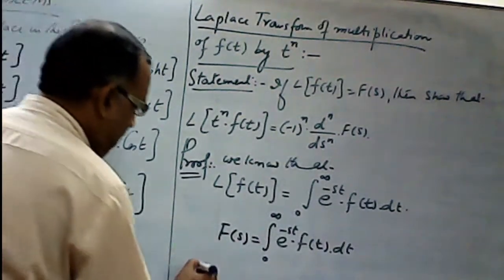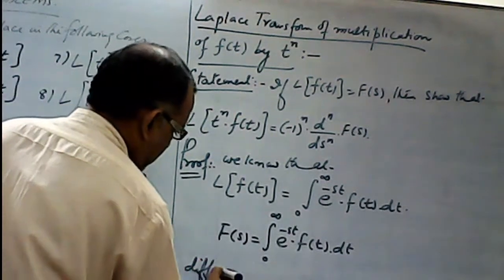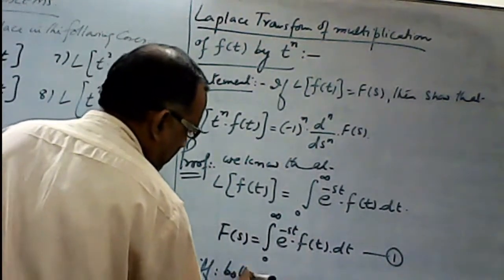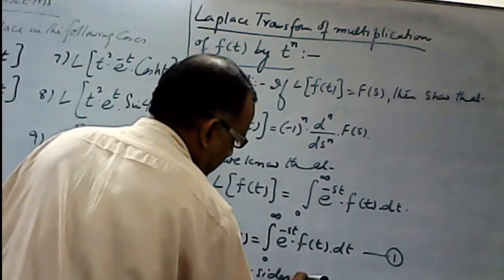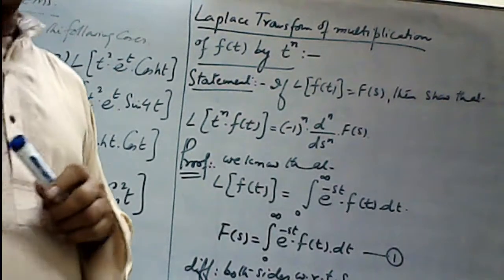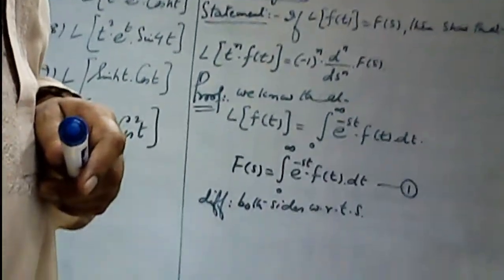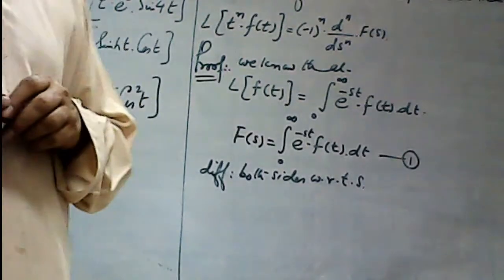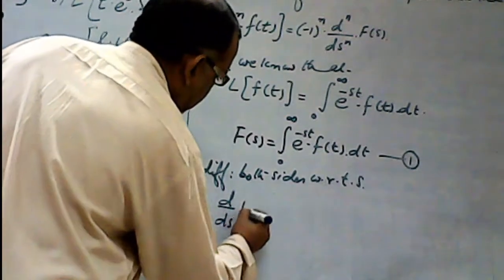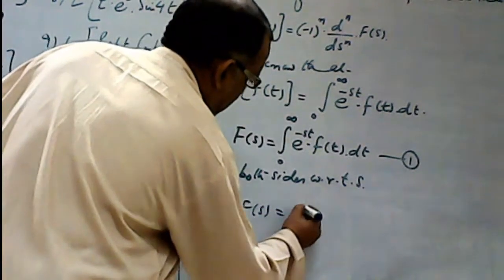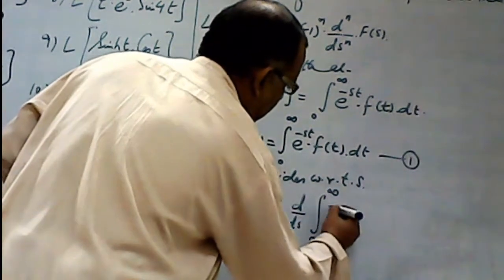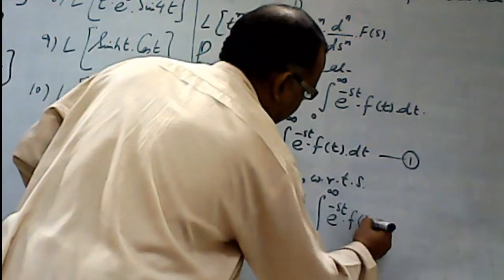I call this equation 1. Now I am differentiating both sides with respect to s. So it becomes d by ds of function of s equal to d by ds of integral 0 to infinity e power minus st f of t dt.